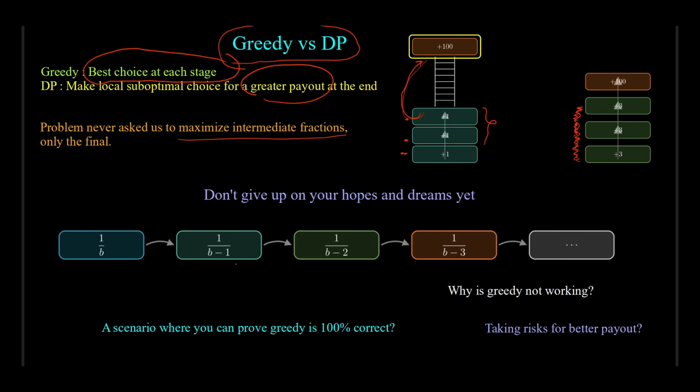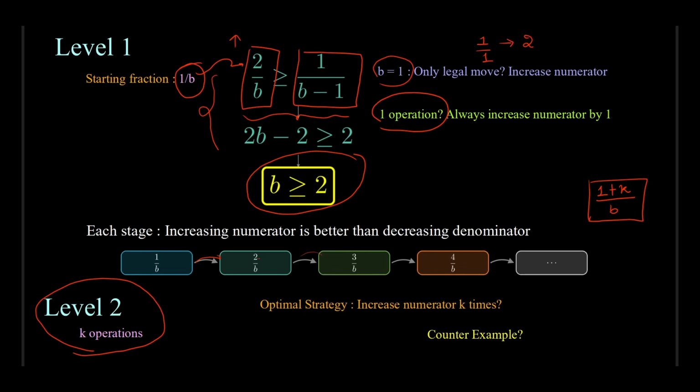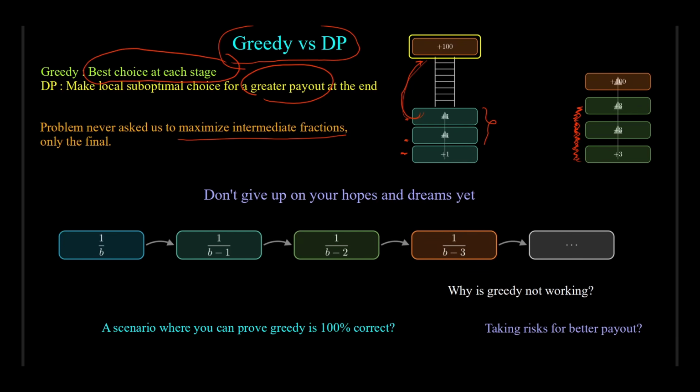So let's try to find out whether there is an alternate greedy approach, or there is a way to prove that the greedy we have come up with, which is increasing the numerator at each stage, will always be correct for a given set of scenarios, if it doesn't work in general.